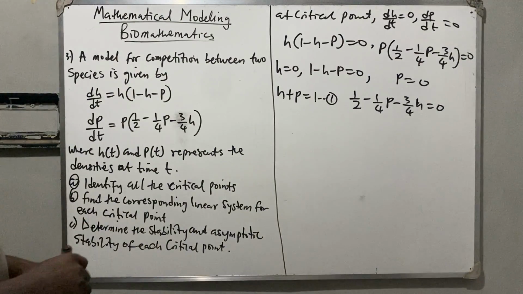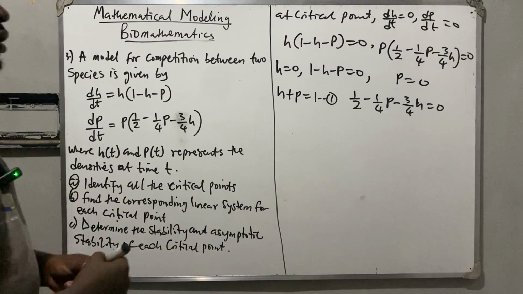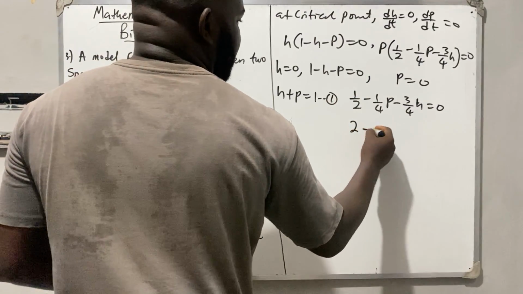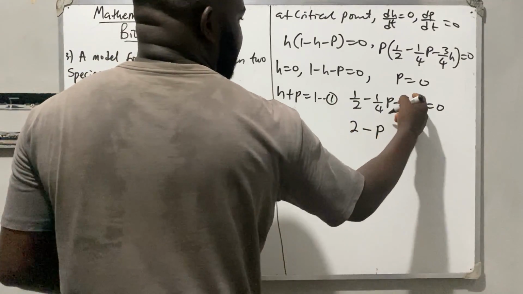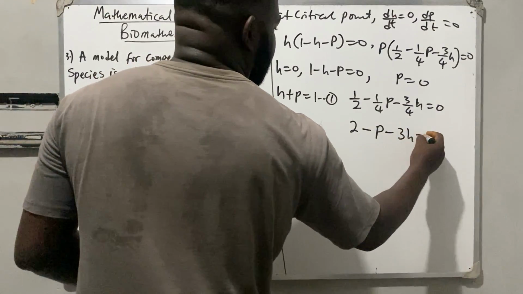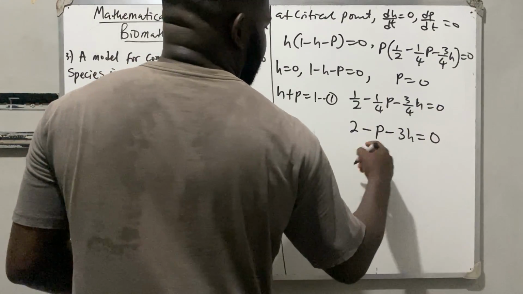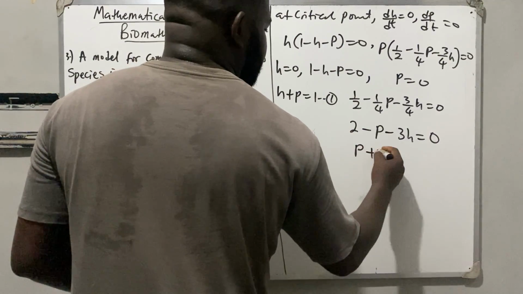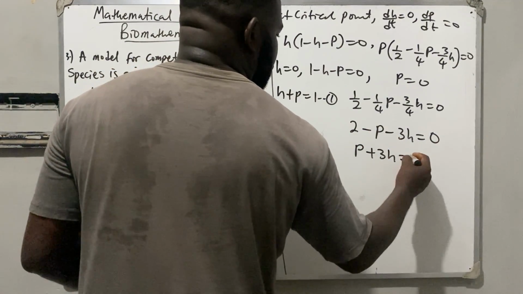The LCM there is 4, so multiply everybody by 4 to clear the denominator. Multiplying by 4, we have 2 minus p minus 3h equal to 0. Moving everybody to the other side, p + 3h is equal to 2.